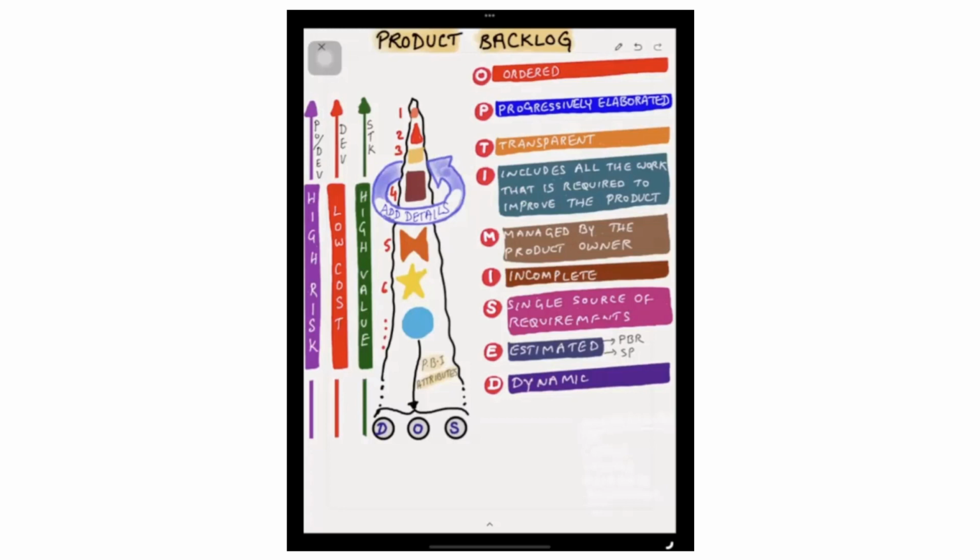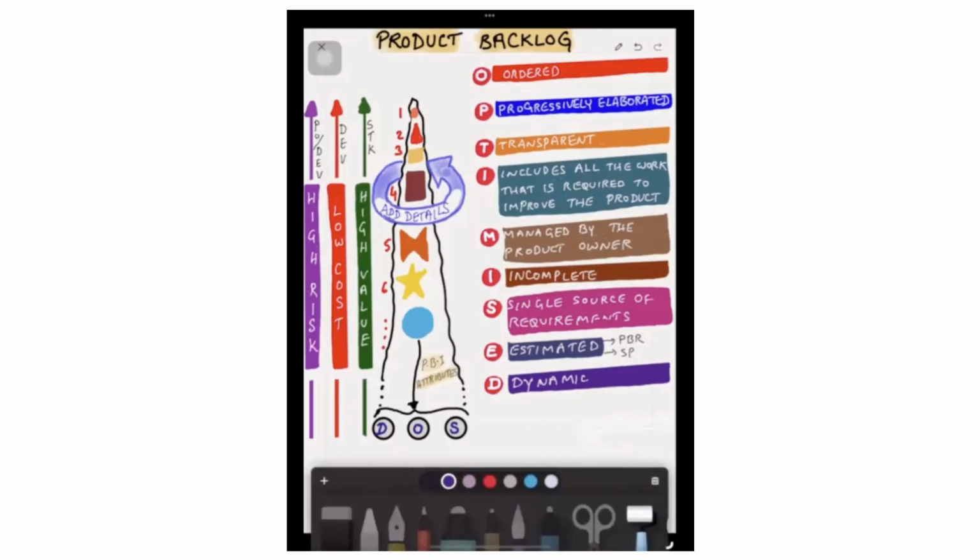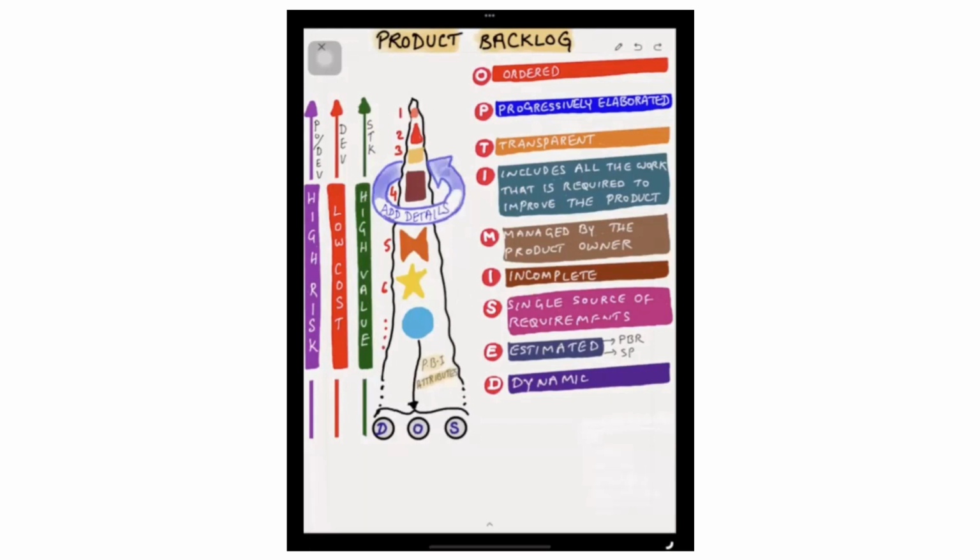Now coming to the individual backlog items, which we refer to as product backlog items. They have certain attributes. If not all the items all the time, at least the topmost items will have these attributes. Another acronym we can see here, DOS. D stands for description.